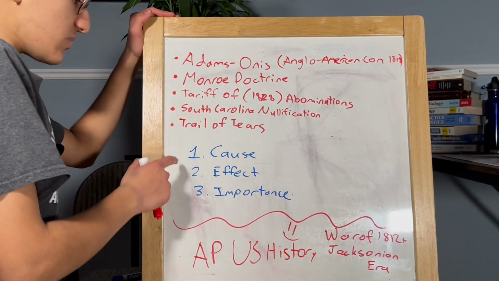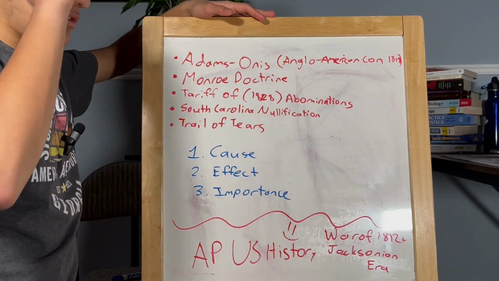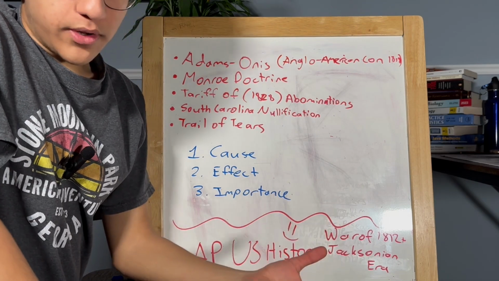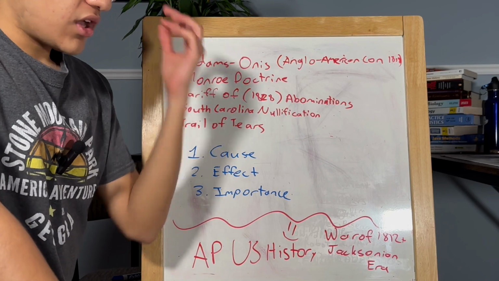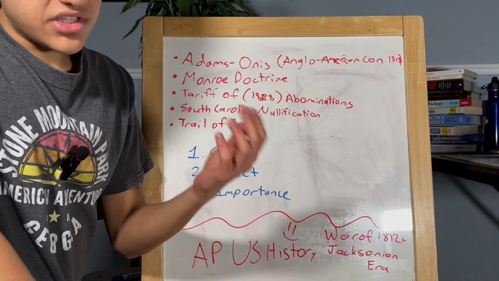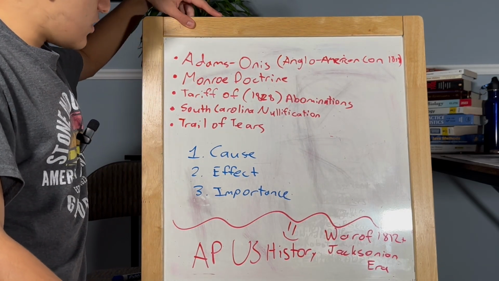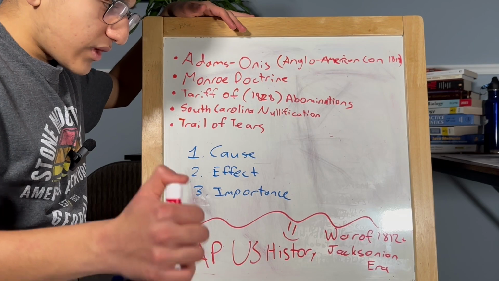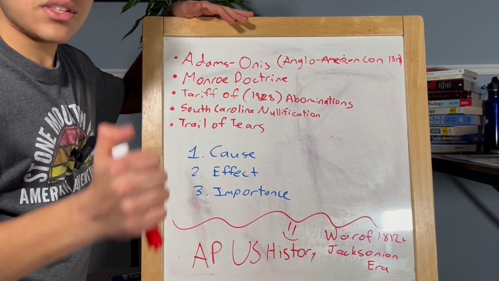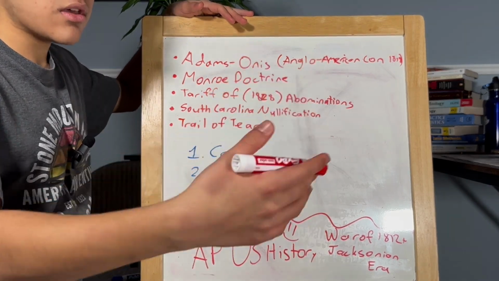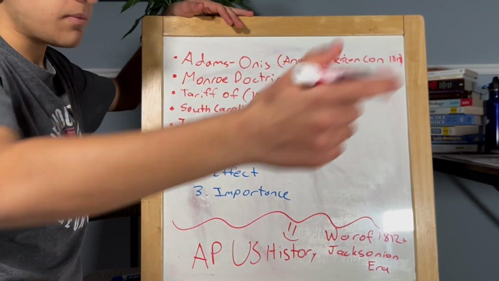Let me go into cause first because it makes more sense. The First Seminole War. Andrew Jackson invades Spanish Florida, into Seminole territory, and calls it an act of self-defense. The Americans get upset. However, he's a war hero, so he can do whatever he wants. What ends up happening is the Americans say, all right, we're going to stop if the Spanish cede the land, give it to them.